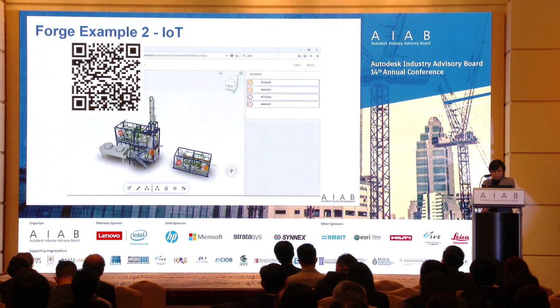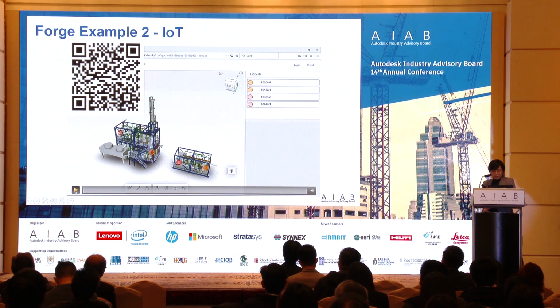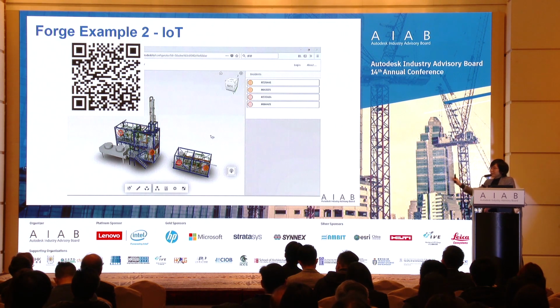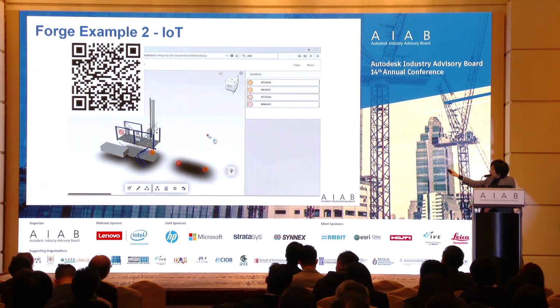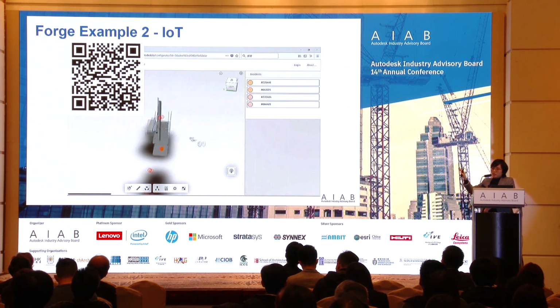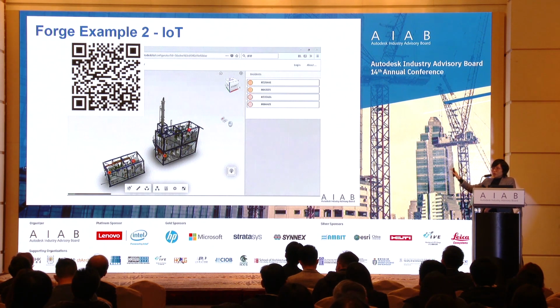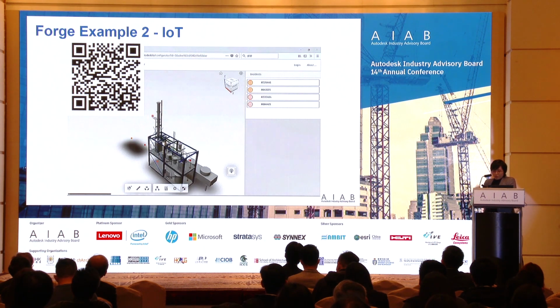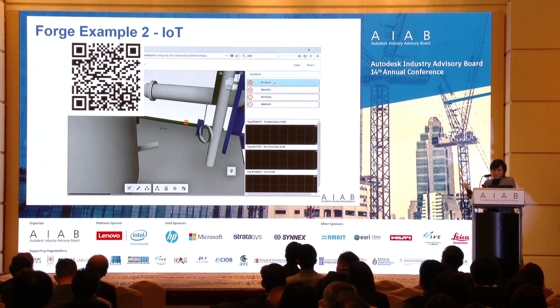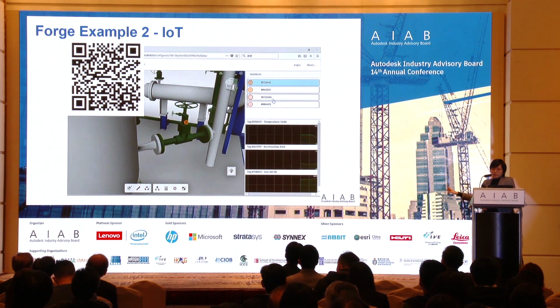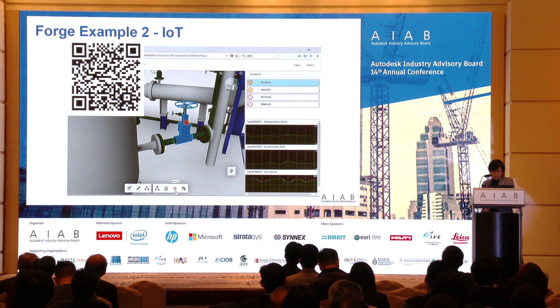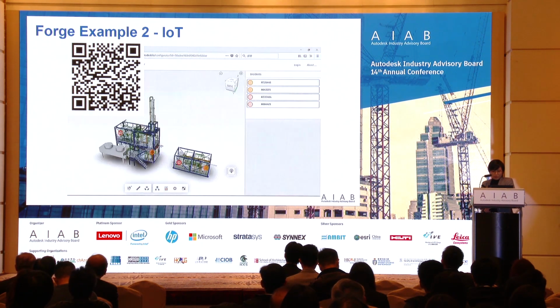You see some red and orange bubbles; they are sensors, Internet of Things, IoT. The sensors are connected to this model and upload to the cloud platform. When you click on the number of a sensor, you will find real-time data, such as temperature, acceleration, lux, etc., shown here. So this is what Forge can do.